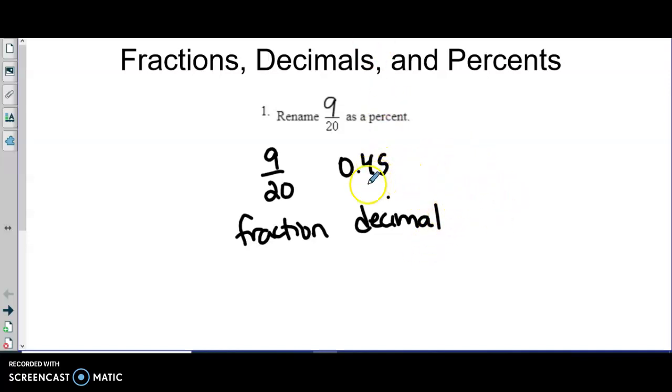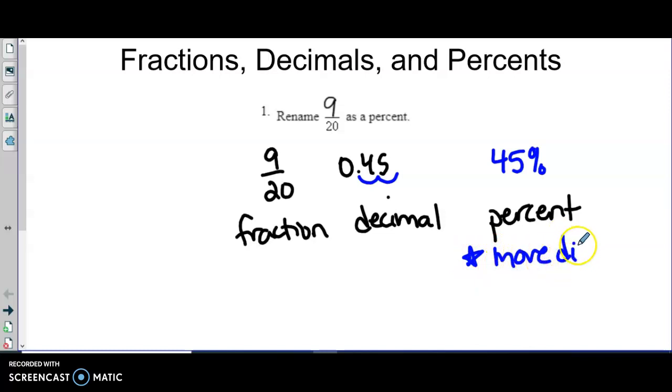So I am going to move this decimal 2 times to the right, and that would become 45%. So this is the percent, and I'm going to make a little note down here that says move decimal 2 times to the right.